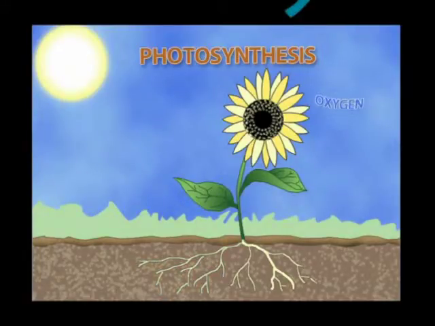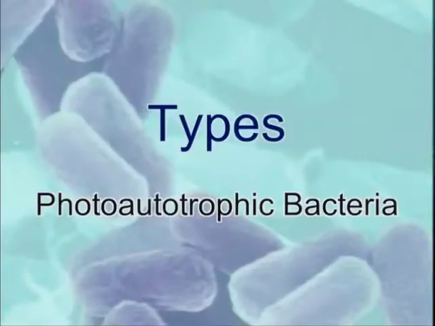They are mostly free-living, non-parasitic bacteria and are capable of independent existence in the environment, such as soil and water. Photo-autotrophic bacteria are of the following types.